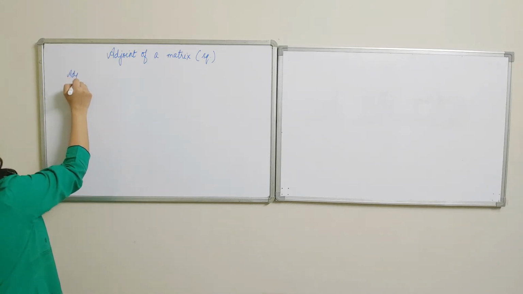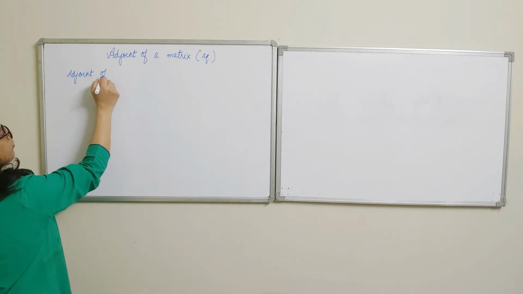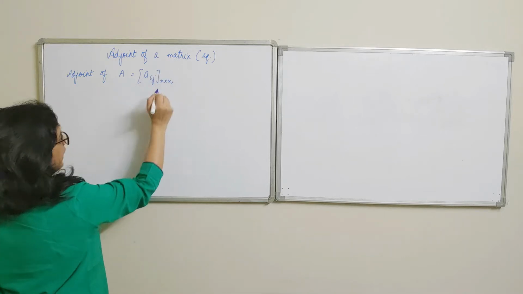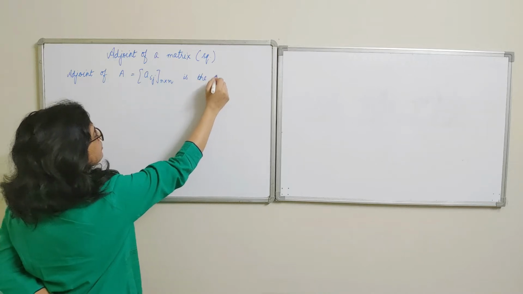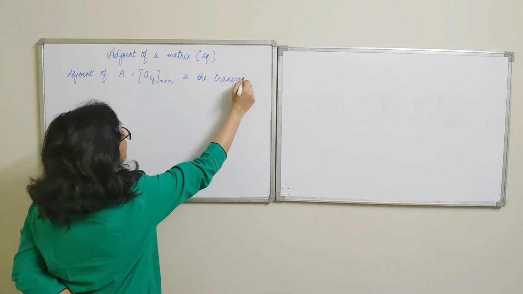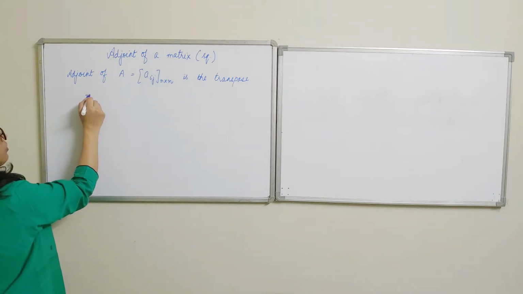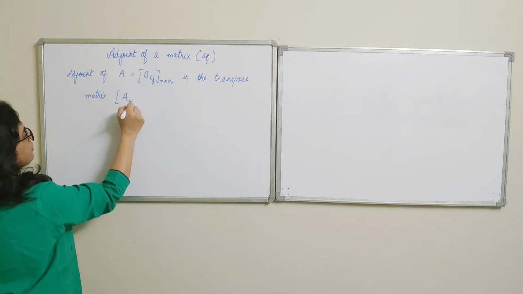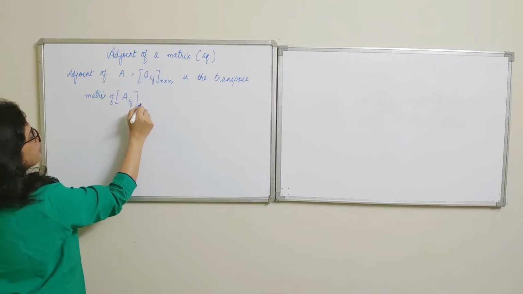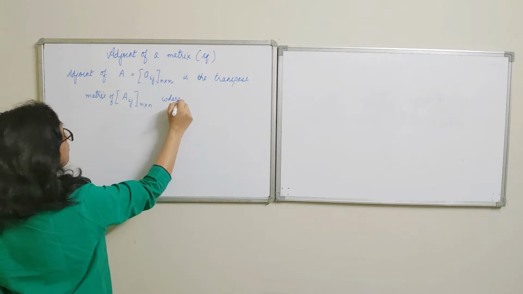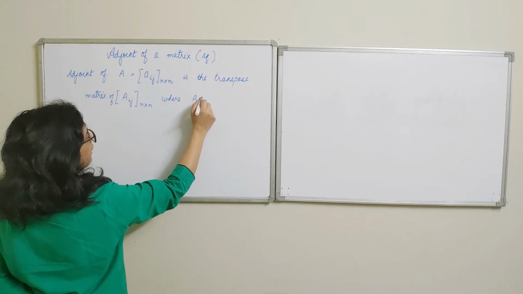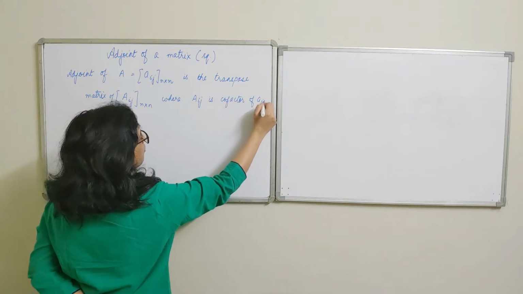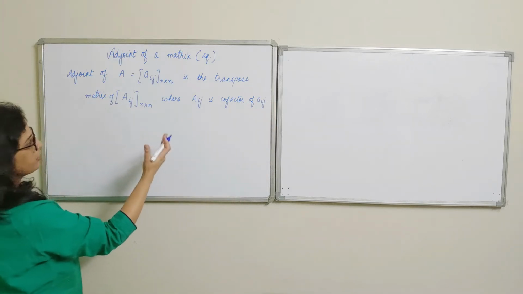The adjoint of a square matrix of order n is the transpose of the matrix defined as transpose matrix of this, where Aij is the cofactor of the element aij. So let us understand this with an example.